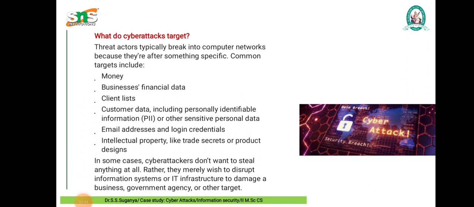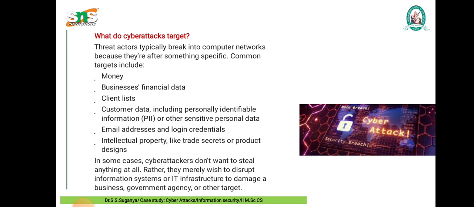So what do cyber attacks target? Threat actors typically break into different computer networks, and common targets include money, business financial data, client lists, customer data that includes personally identifiable information, PII, or other sensitive personal data.